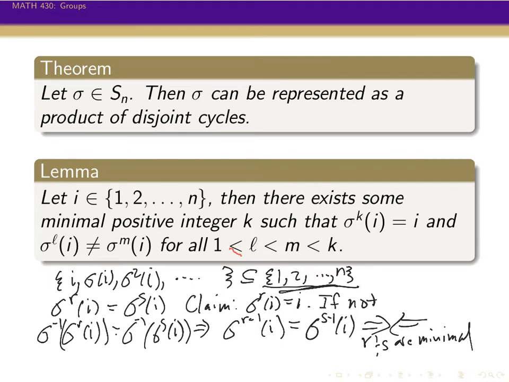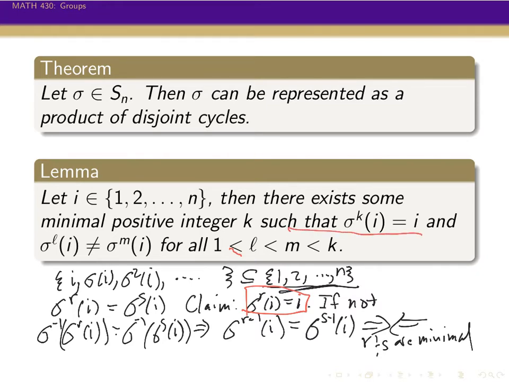We could do this so long as r was any number bigger than 0. If r was 1, we could still do this and end up in the 0 spot. And so this establishes that this happened first, right at the beginning. So sigma r of I was I to begin with. And so then we have this sigma s. We're going to just define s to be k. Okay, and so this establishes the first part of the lemma.